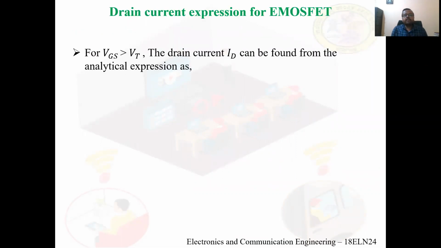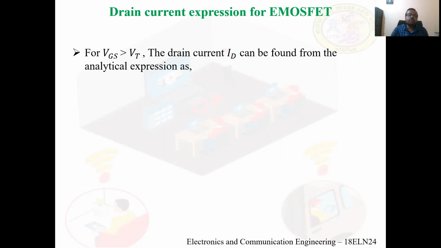As we studied in the previous sessions, the transfer characteristics of JFET and the transfer characteristics of depletion type of MOSFET, when operated in depletion mode, both have the same characteristics, so the Shockley equation is used for both JFET and also for the depletion type of MOSFET when it is used in depletion mode.